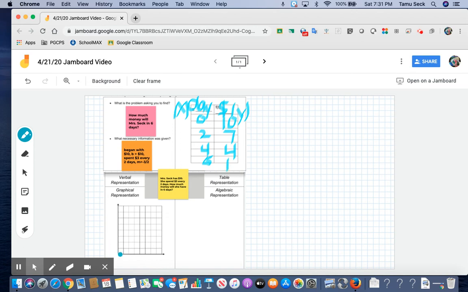So now let's graph it. So let's make each one of these a tick mark. So on day 2, day 4 and day 6. 2, 4, and 6.